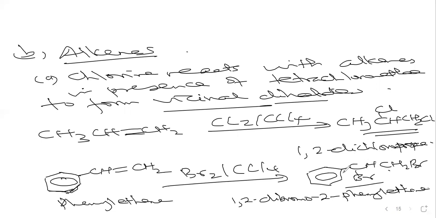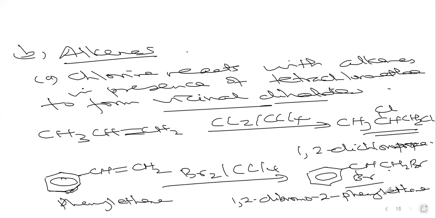The second carbon also has another bromine atom. So we call it 1,2-dibromo-2-phenylethane.